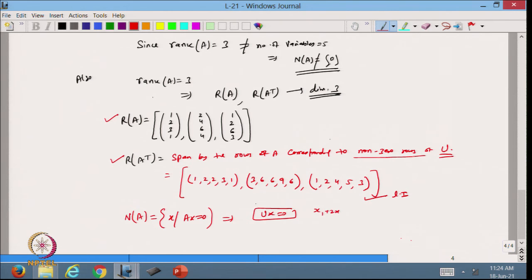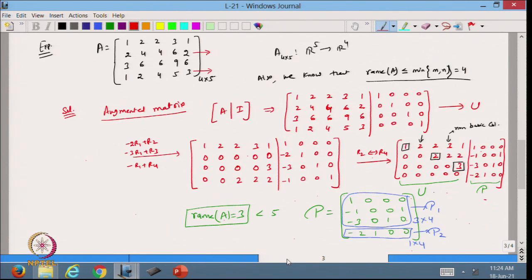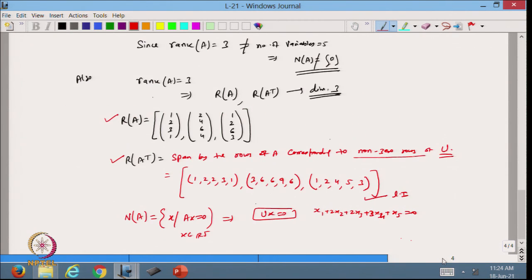So, we are getting from here x1 plus 2x2 plus 2x3 plus 3x4 plus x5 equal to 0, because here x is coming from R5, because it is a transformation from R5 to R4.